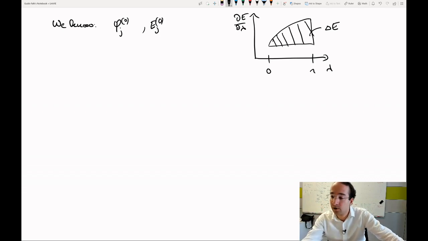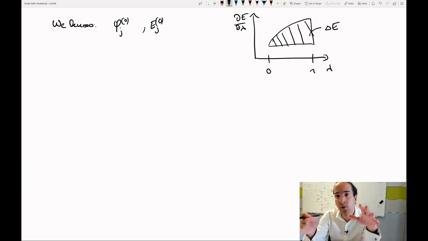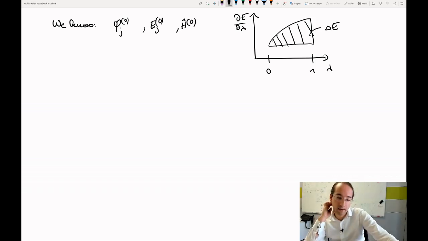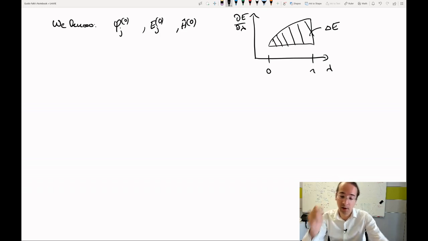So these are the properties of that reference system alone. But we also know something more. We know the full description of the system, because we know the corresponding Hamiltonian, the Hamilton operator, H naught. So this is something we know, and this is the unperturbed system.